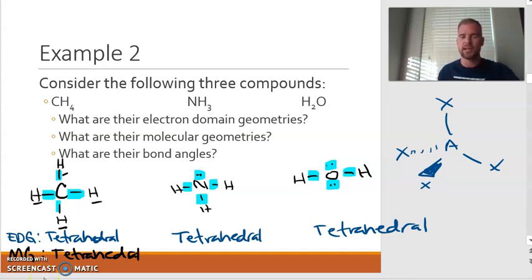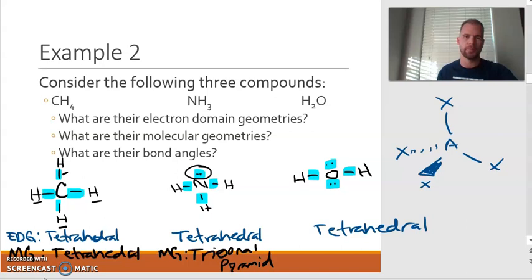If I take a look at the second one, of the 4 domains, one of them is a lone pair. The others are bonds. So if we take a look at our chart, the molecular geometry for that would end up being trigonal pyramidal. Or it's okay to just say trigonal pyramid. That's fine with me. So taking a look over here, that would basically be erasing that part, and we're left with this pyramid shape, right?